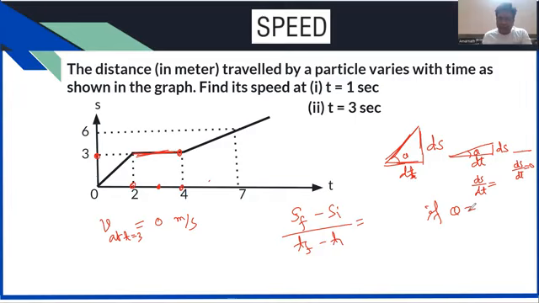T final minus T initial is 4 minus 2, but S final minus S initial is 3 minus 3, so it will be 0 only. Understood? Yes, sir. Both ways the answer will be the same.